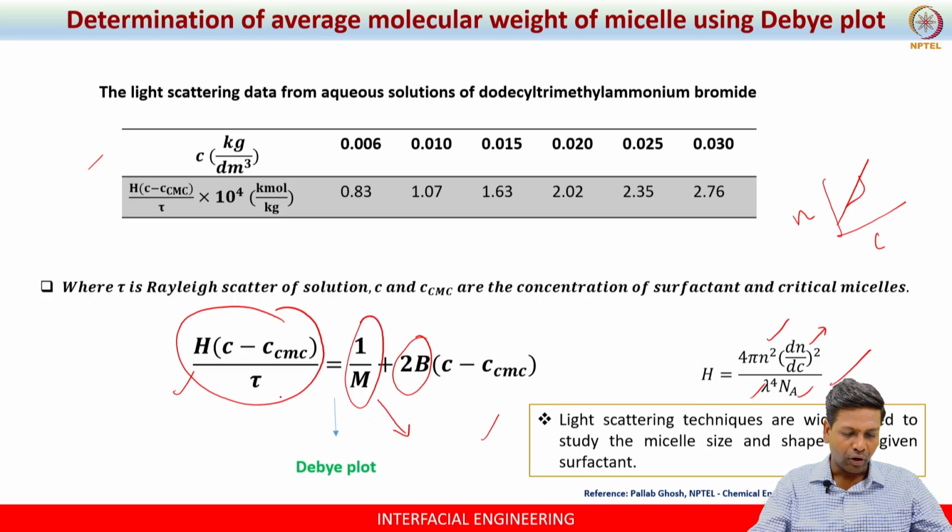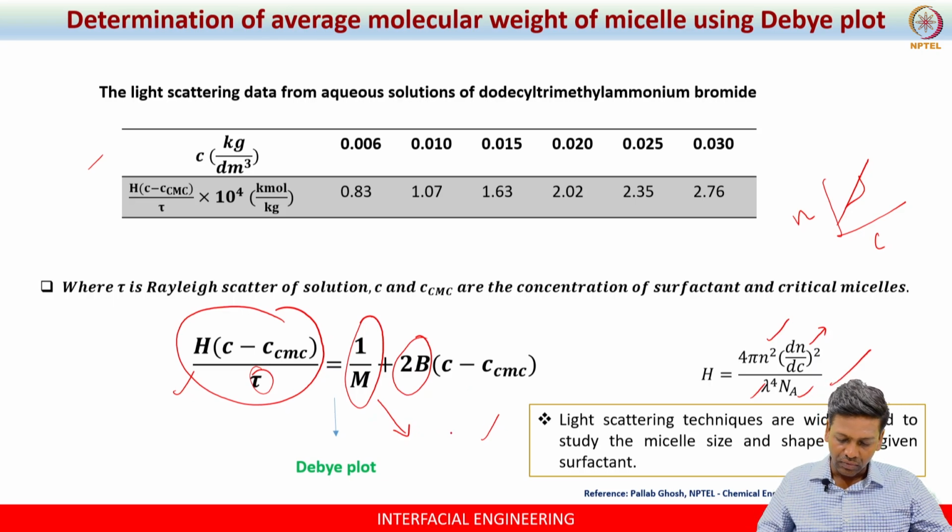When you plot them on the y-axis, the c and tau will vary depending on the concentration of the sample that you are subjecting to. So based on that, you will get different y values and different x values.